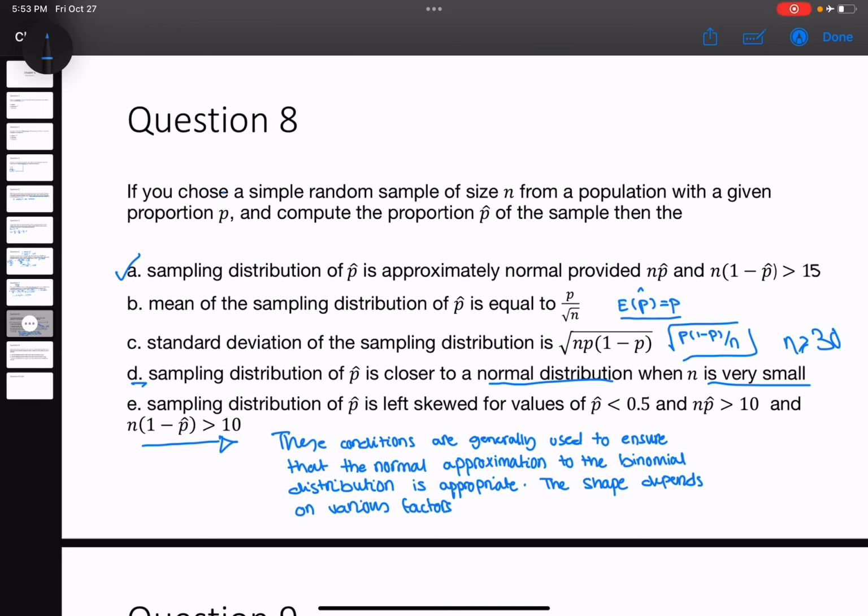The shape, whether right skewed, left skewed or normal, depends on various factors. These criteria just help us guess if the normal approximation is close to the binomial distribution.